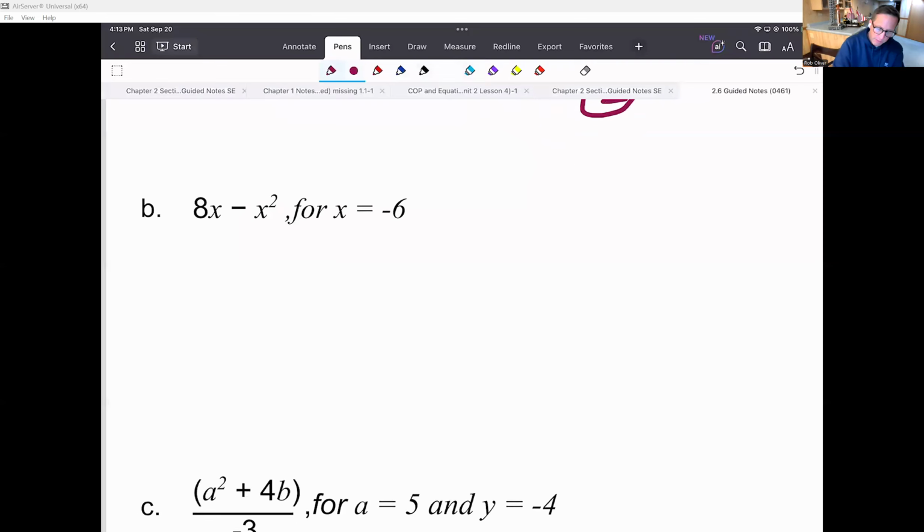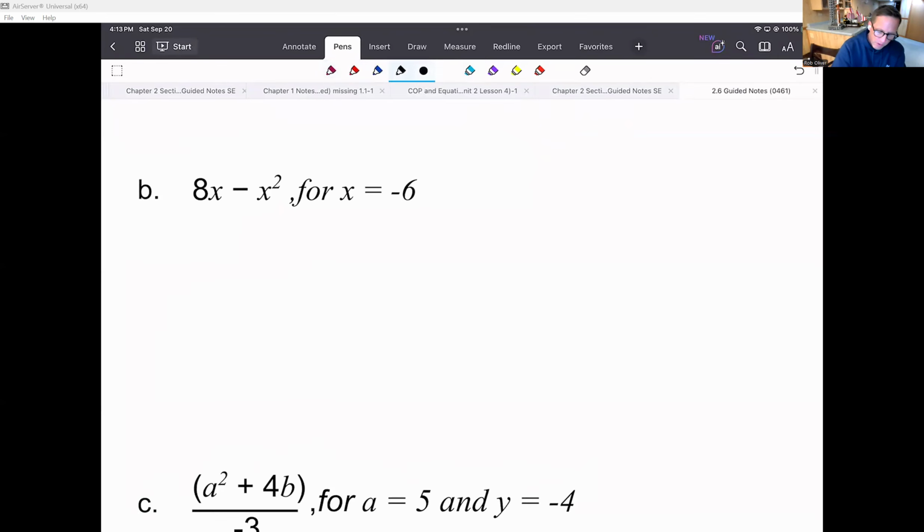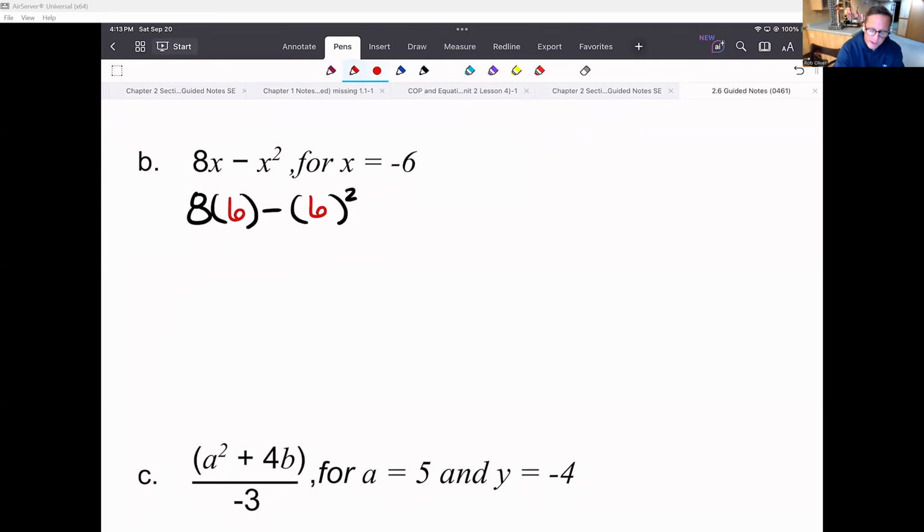All right, this next one here, all we're going to do is sub in -6. I'm going to write 8 times x, minus x squared, and we're going to put in -6 wherever we see an x. There are only x's in that problem. Take care of exponents before you do anything with multiplying, although we could do the 8 times 6.